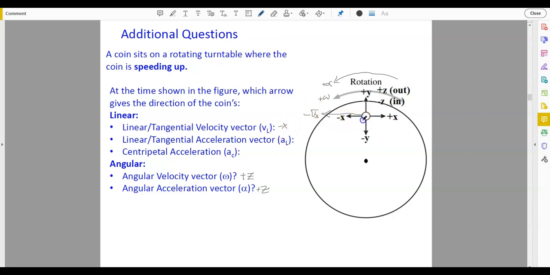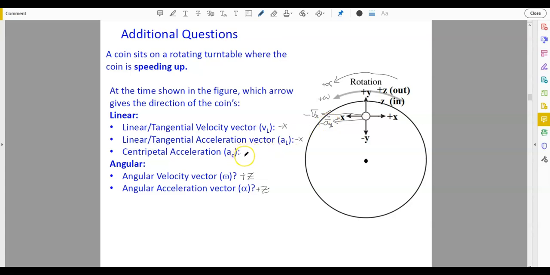And since it's speeding up, that means the linear or tangential acceleration vector would be also pointed in the same direction, in the negative x direction, because that's the definition of speeding up. The velocity vector and acceleration vectors are in the same direction.